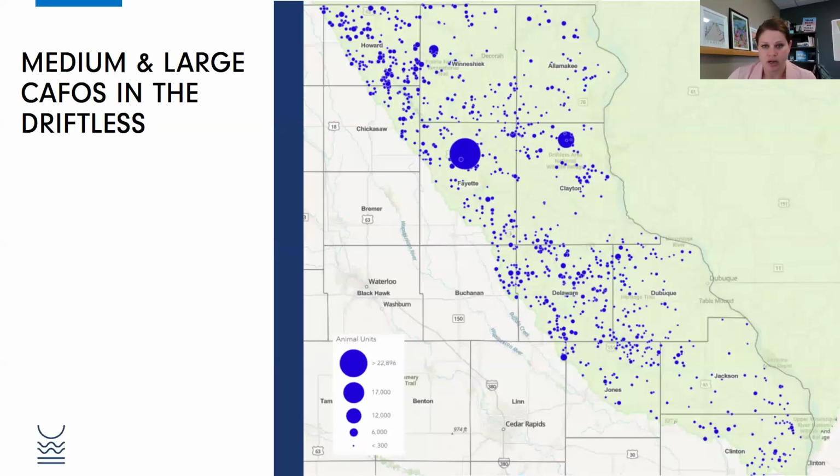That manure is stored at the site at which it is produced, and then it gets applied as fertilizer during the year to provide nutrients to crops. So that is a risk to drinking water sources because it can contaminate those sources very easily.